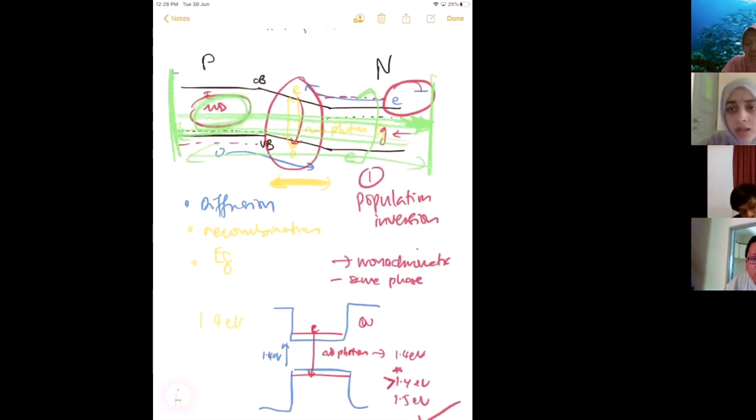So, how is that achieved? Is that achieved by doping excessively? Yes. However, a degenerate semiconductor will help make the population inversion faster because you already have a lot of carriers. You still need to pump current.